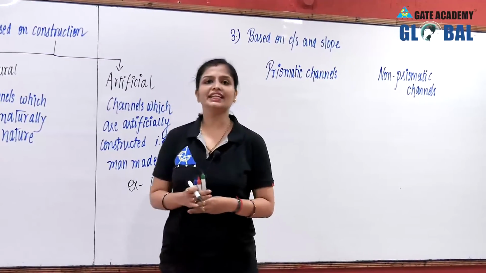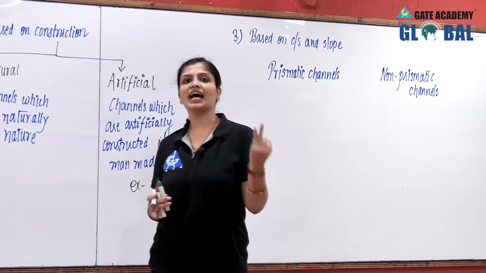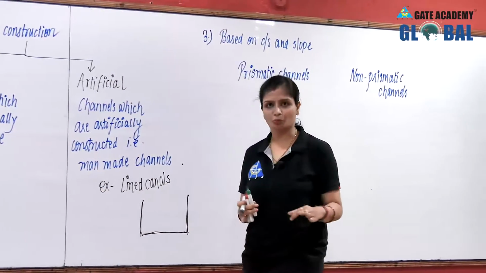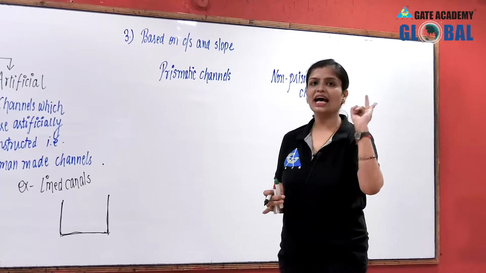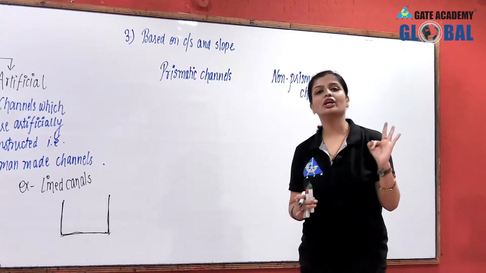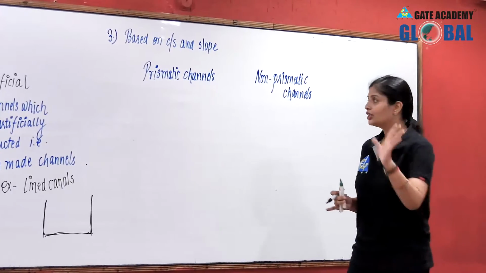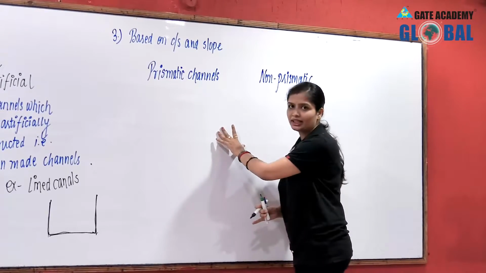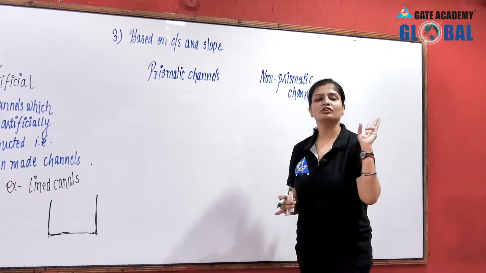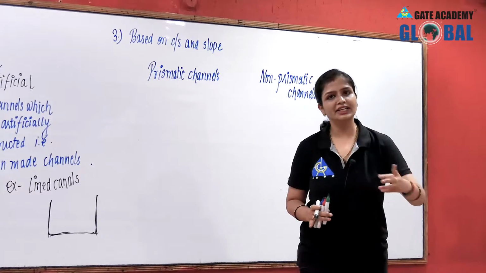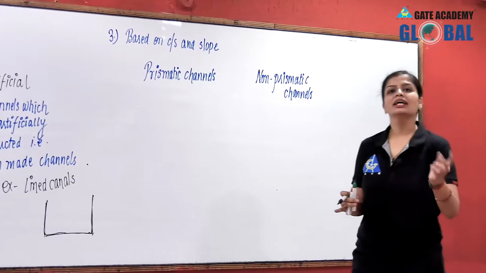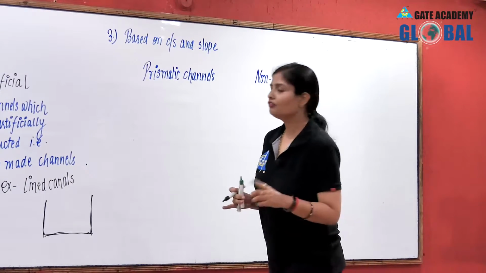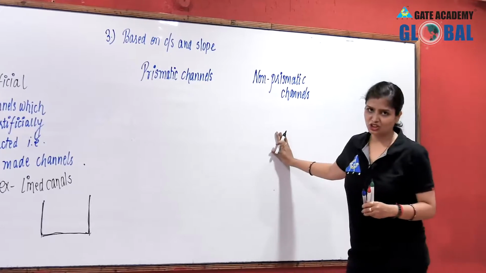If your cross-sectional shape, size and bottom slope are constant, then you can say the channel is prismatic. And if any one out of the three is not constant, it is varying with respect to distance or time, then it is the case of a non-prismatic channel.